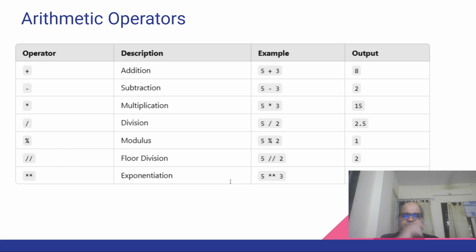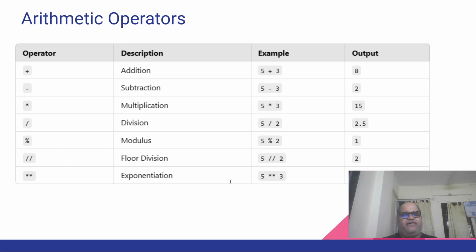These are used for mathematical operations like addition, subtraction, multiplication, and division. The example shown here will help you understand how to apply these operators in your programs. Python also supports modulus, floor division, and exponentiation.